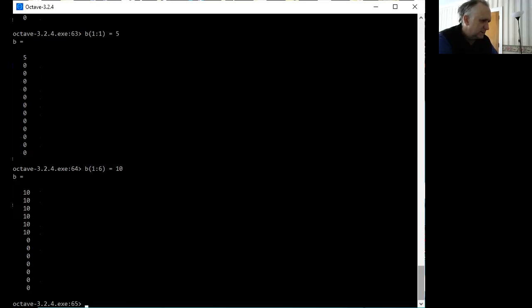Oh, sorry. For B1, I put a colon in by accident. That's okay. Let's just start over. That is one nice thing, right? You can just overwrite. Okay, there's B, and now let's have B of 1 through 5 equal 3 or 4.